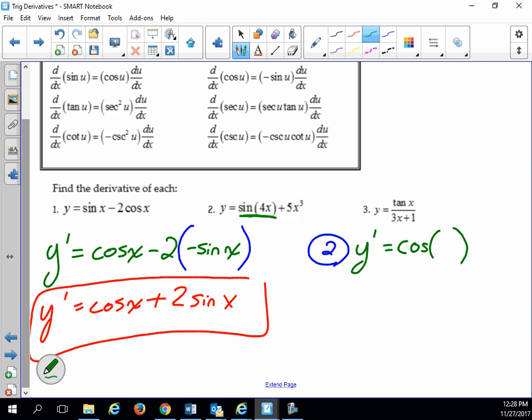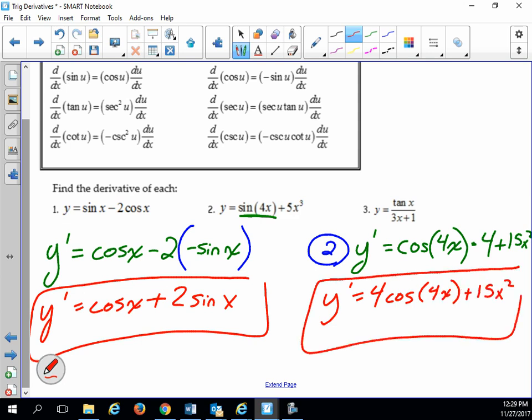The inside, the derivative of 4x, is 4. What goes in those parentheses, what stays there to start with. Plus, the derivative of 5x cubed is 15x squared. So my final answer is 4 cosine of 4x plus 15x squared.